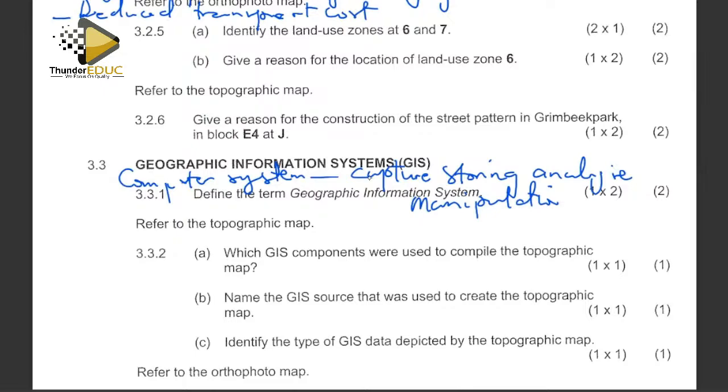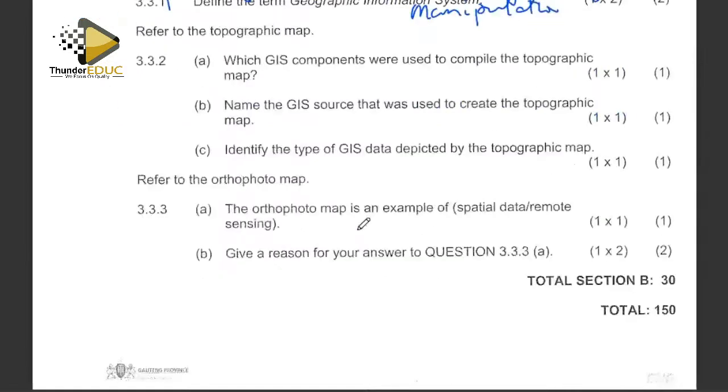So basically, when looking at GIS, we are looking at the application of computer technology into the study of geography to do all those pieces of geographical work, like capturing data, storing the data, analyzing it, manipulating it when you want to change it. That is basically the GIS, or the Geographical Information Systems.